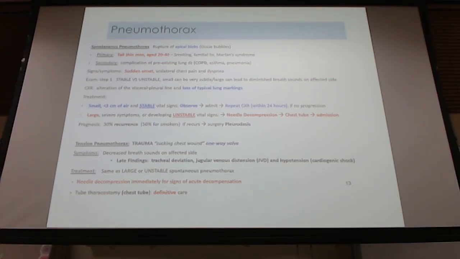They're sucking in so much air into that one-way valve that they're deviating their trachea and all of their vasculature, including their heart, into the other lung space, which could cause significant hypotension. That is get a needle decompression in there and figure out how to get a chest tube in this person.